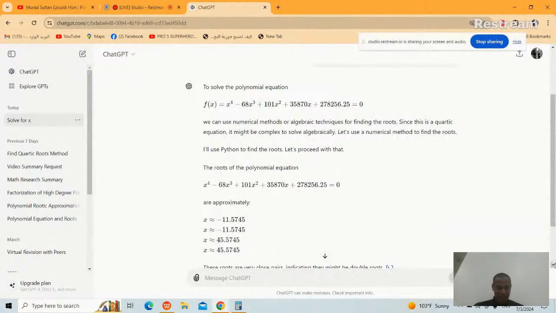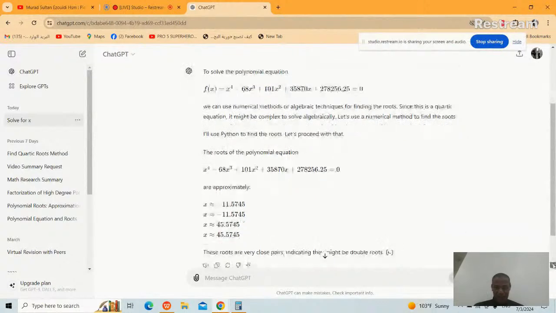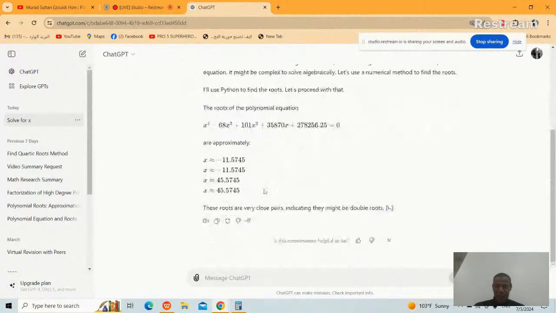These are the roots approximately, and it doesn't have a root. Look, I will tell him, no, your answer is wrong. Sorry, your answer is wrong.